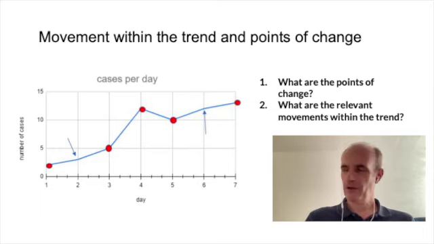You could say, is this point of change relevant enough to mention? Well, this of course is open for debate, but I would say no, right? I would not mention something like this because it's not relevant.